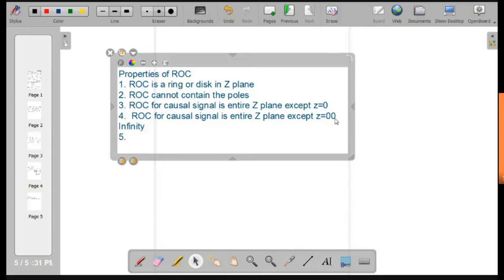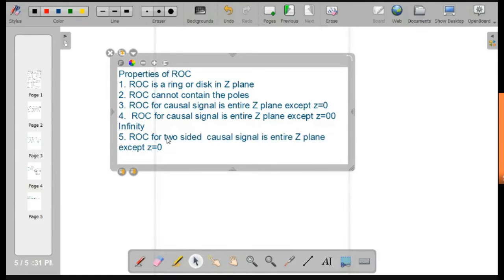Then ROC for two-sided, causal and non-causal together.